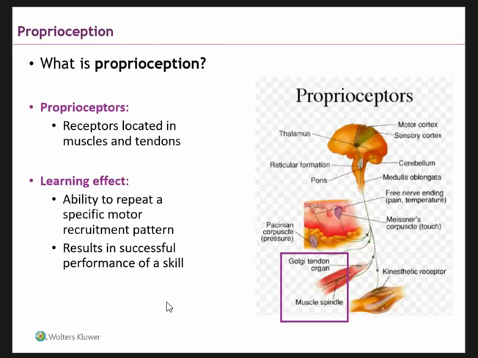And that's what the learning effect is. So it's important, especially when we learn a new skill, because it keeps the central nervous system constantly informed as the body is learning the new movement subconsciously. So it's important anytime we do something new or are trying to become perfect at a skill.